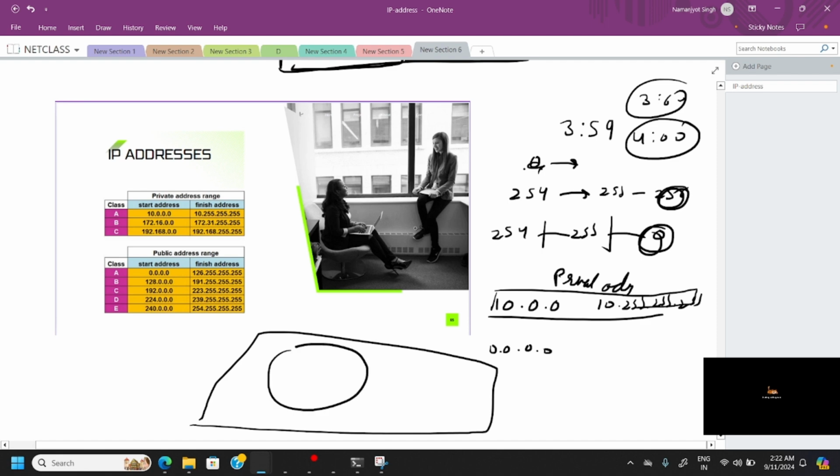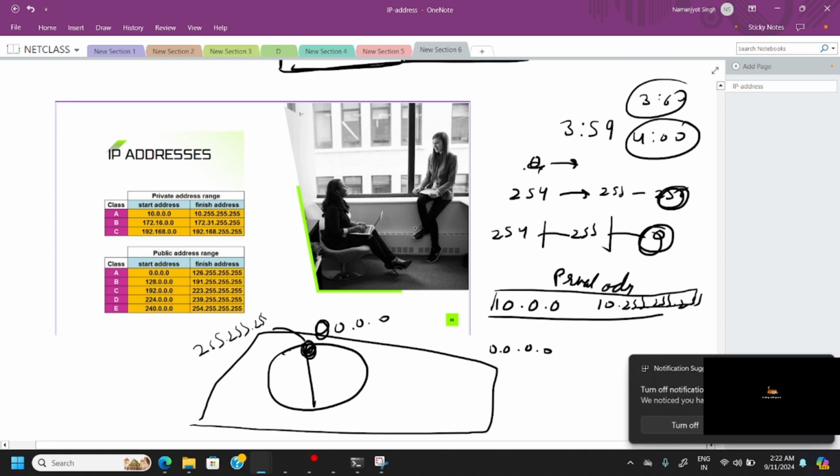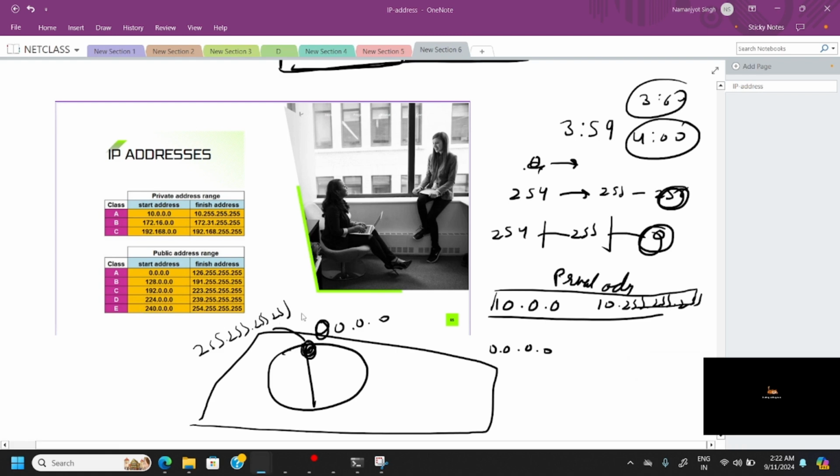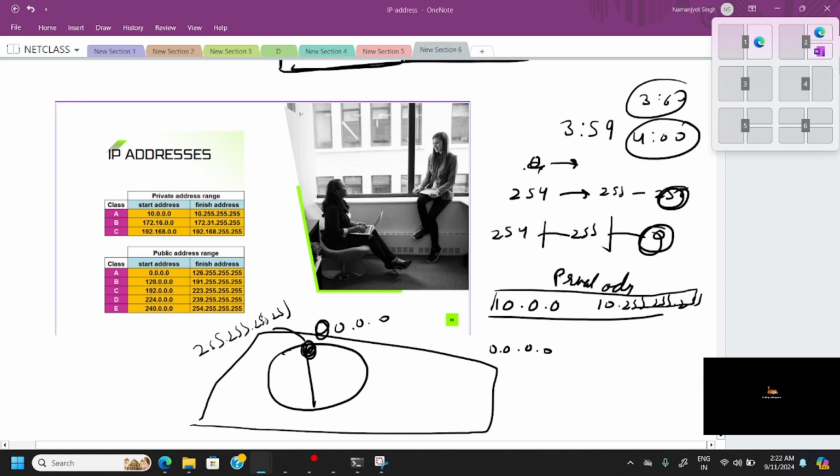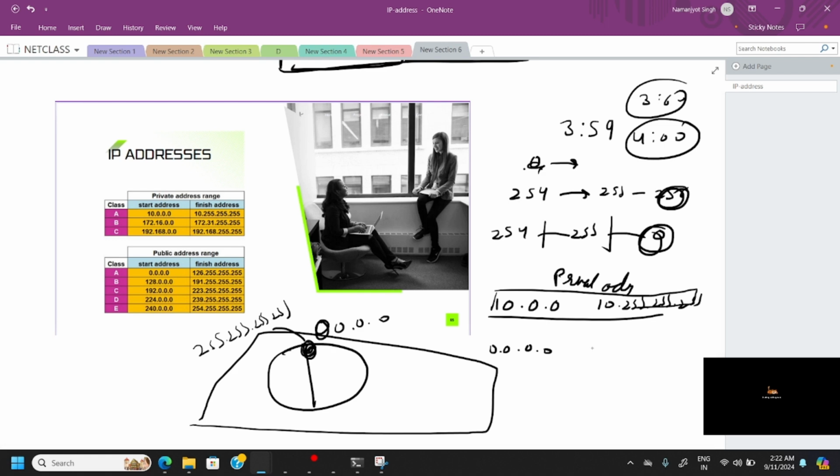Of course, if we have a pool, the very first IP of this pool would be 0.0.0.0, and the very last IP of this would be 255.255.255.255. Why so? Because once we set every bit to 0 and then every bit to 1.